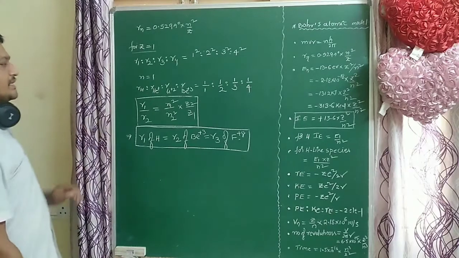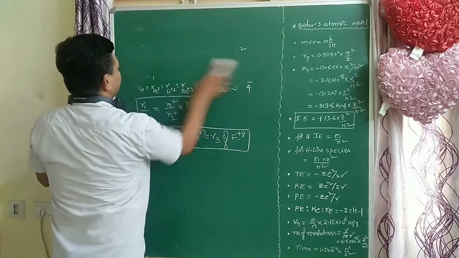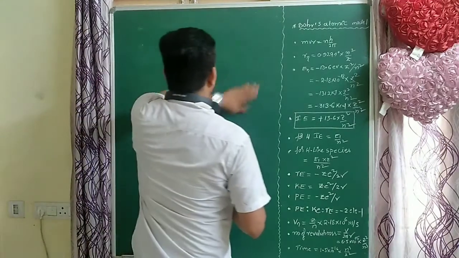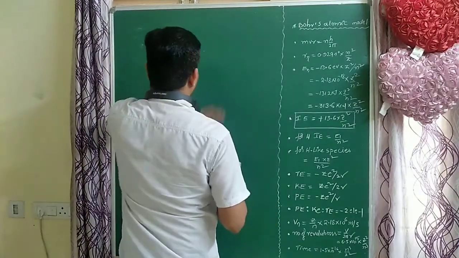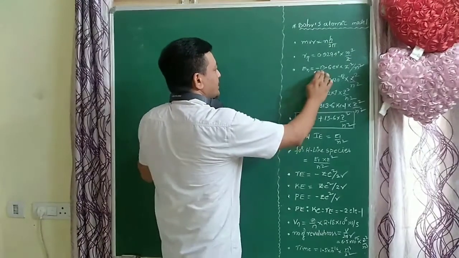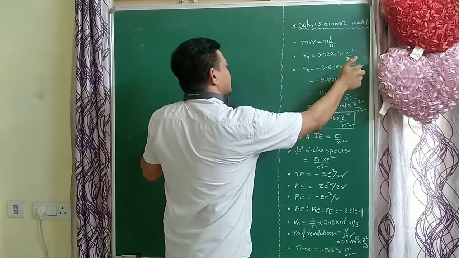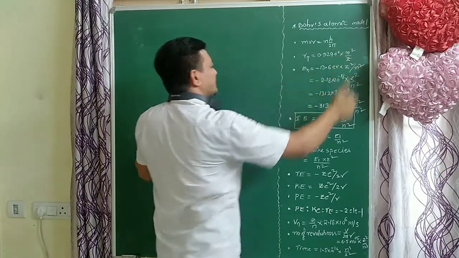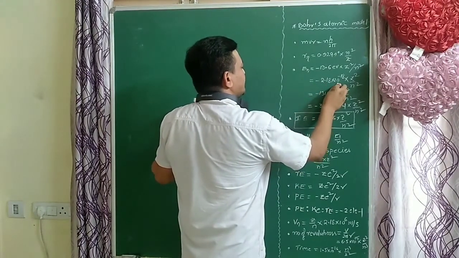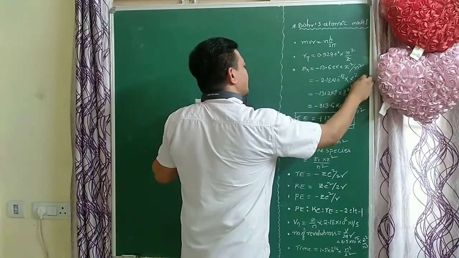So next, go to energy. For the nth orbit, energy equals minus 13.6 electron volts into Z square by n square. That is very important. Also minus 2.18 into 10 power minus 18 into Z square by n square, this is joule per atom.